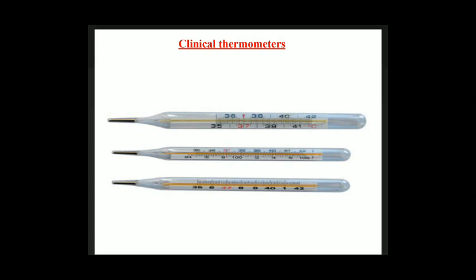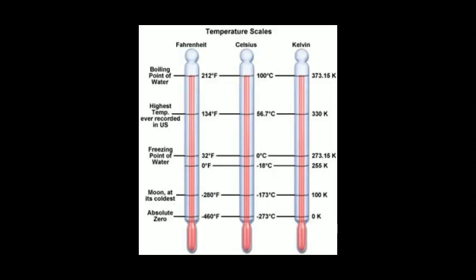Thermometers can have different temperature scales like Celsius, Fahrenheit and Kelvin, and we can have different values on different scales for the same temperature.